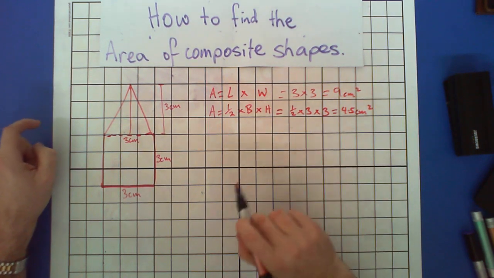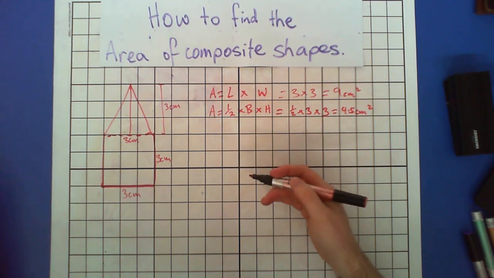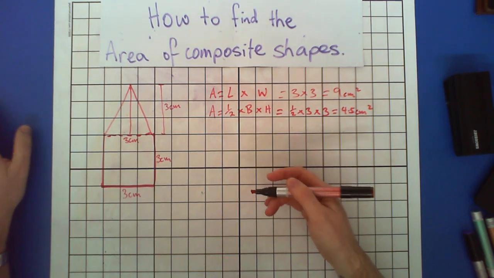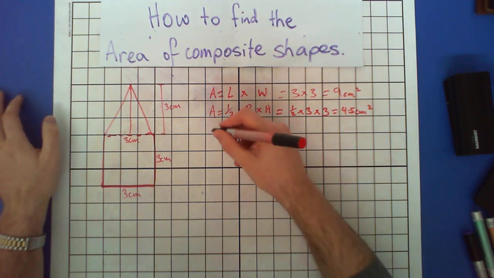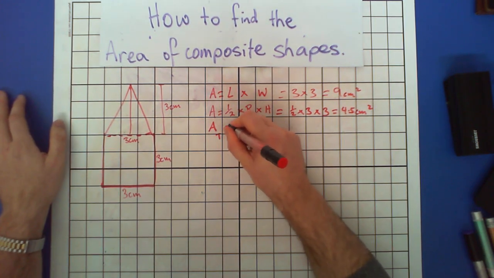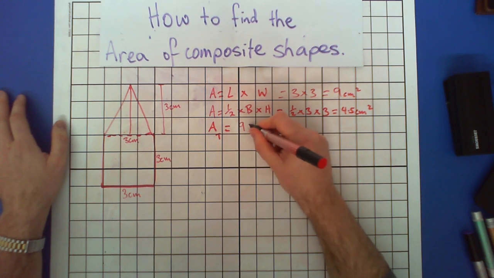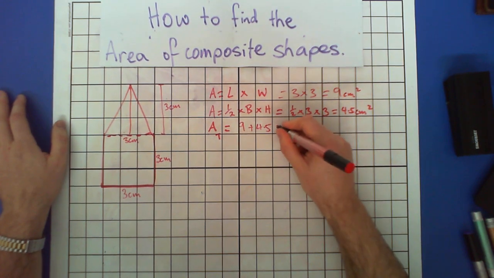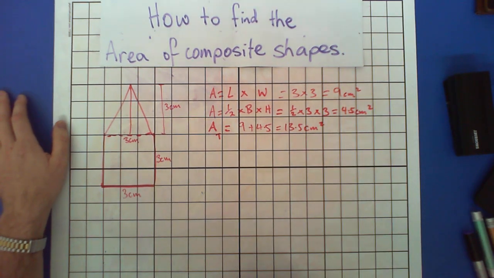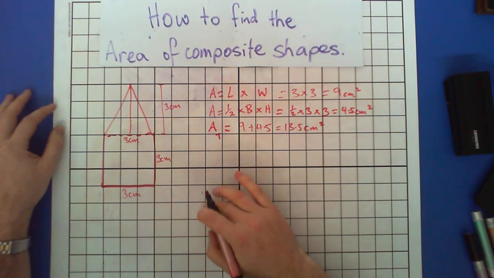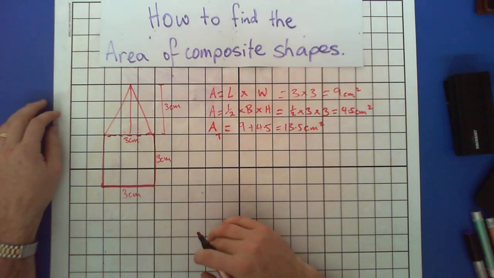I don't expect you to do all this maths in your head, it's fine if we want to use a calculator to help us out. So now I have the area of the triangle and the area of the square. My total area is going to equal 9 plus 4.5, which equals 13.5 centimeters squared. So that's one example of how to find the area of a composite shape.